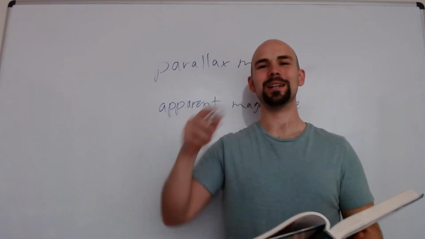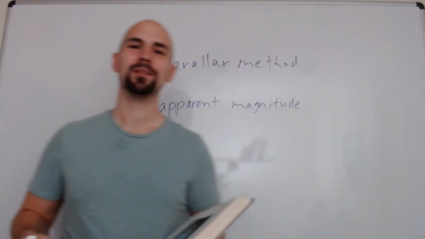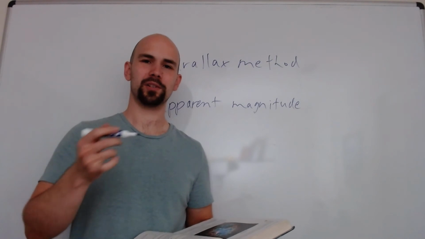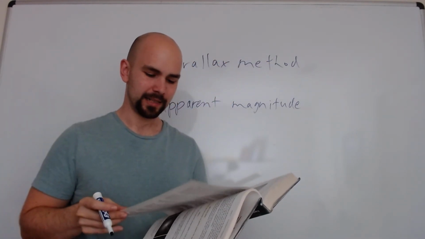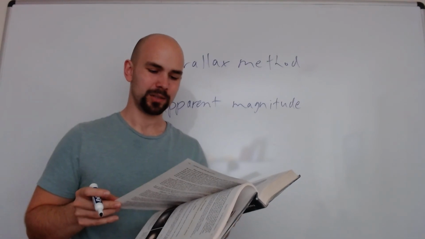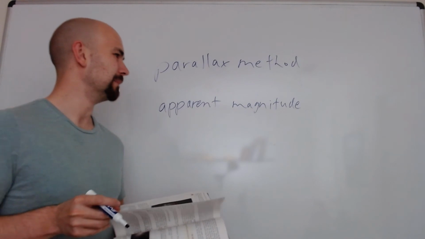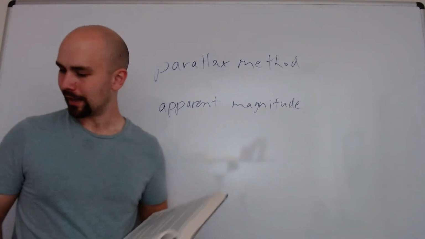It's going to have a lower magnitude number, a negative number, perhaps, because magnitude is measured with positive being low brightness and negative being high brightness. So scientists have been able to use that principle in order to measure the magnitude and distance of stars. So you can read about that in more detail.